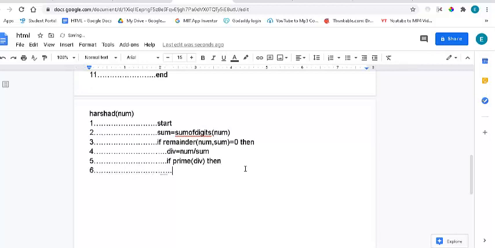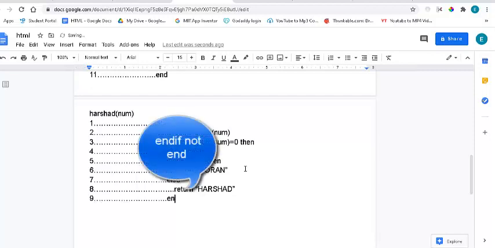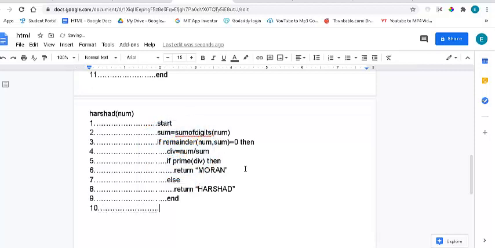I'm going to return moron, because the result is a prime number. Otherwise, I'm going to return harshad. And I'm going to close my if, and then I can use else here.